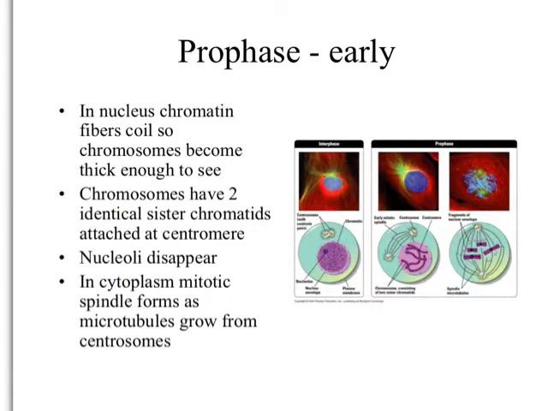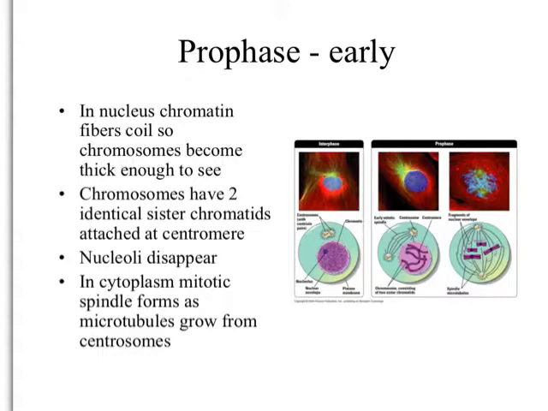See, in early prophase, the chromatin starts to coil up very, very tightly, so that it can be thick enough for us to see with a microscope. And these chromosomes are going to again have 2 identical sister chromatids that are attached at a centromere.